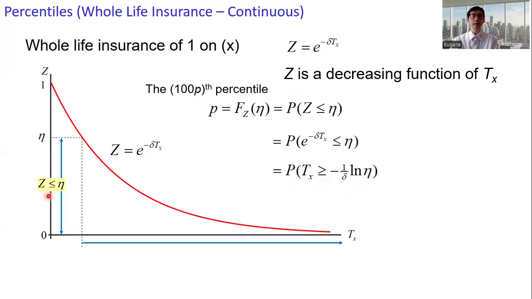Therefore, the event Z less than or equal to eta is equivalent to Tx greater than or equal to minus 1 over delta times the natural log of eta. And this probability statement can be written as this.